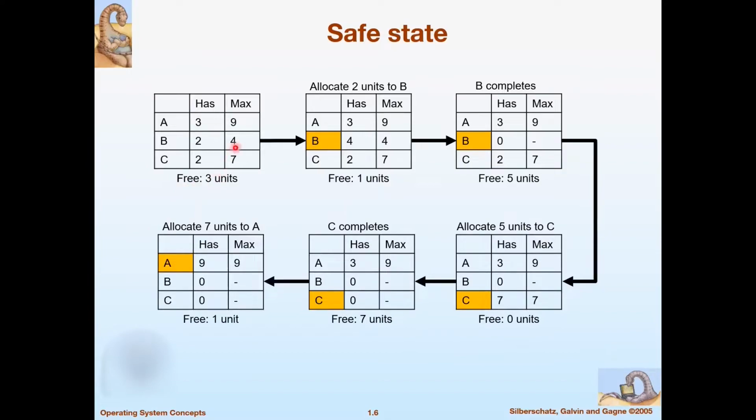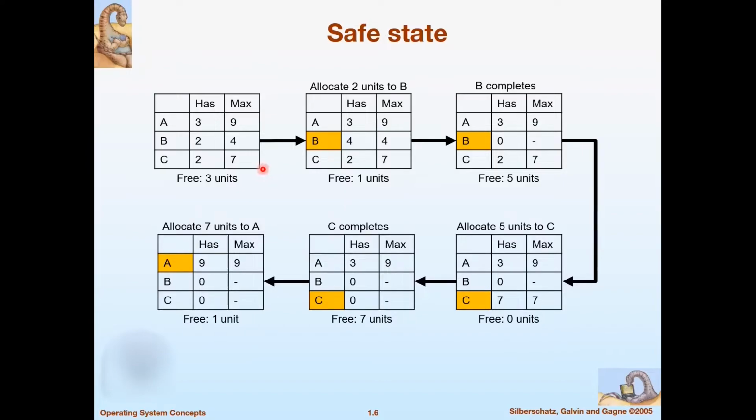Thus, we see that with this particular start state of the system, where 3 units are free and the maximum limits of each process are 9, 4 and 7 units, there is a schedule possible so that all maximum requests by the processes can be fulfilled.